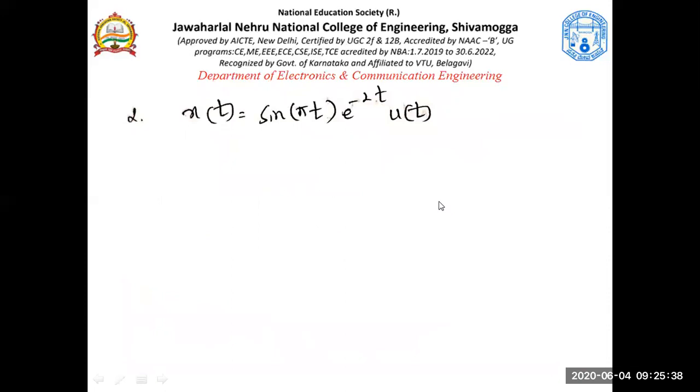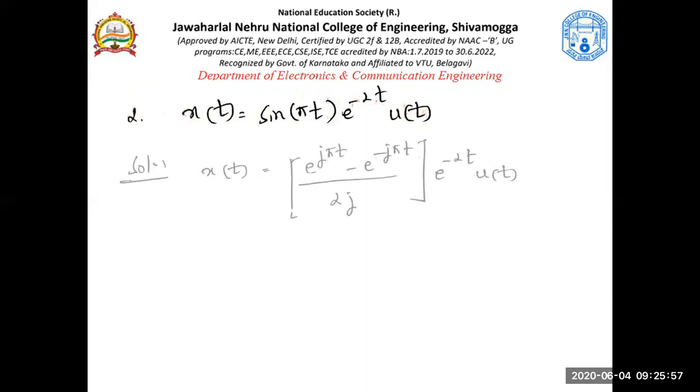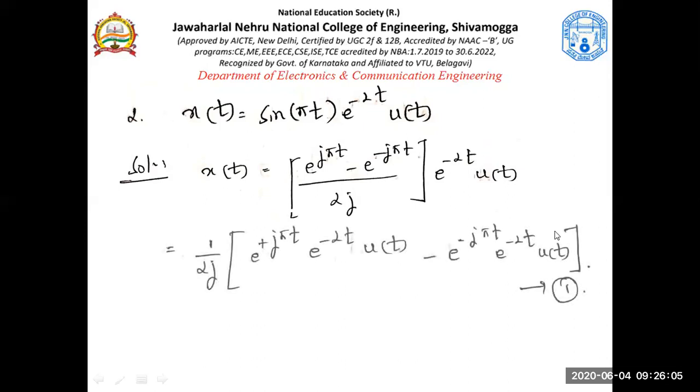Second one. Again we have sine pi t, and again we have an exponential in time domain. So we can easily understand that the frequency shift property is going to be helpful. Fine. So express sine pi t in terms of the complex exponentials. Then just club those.